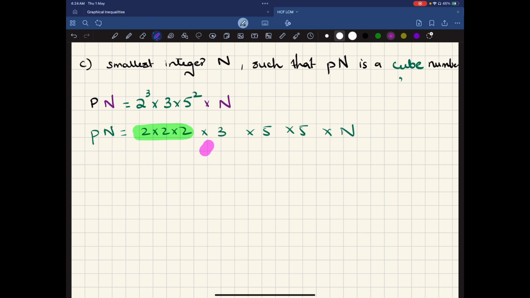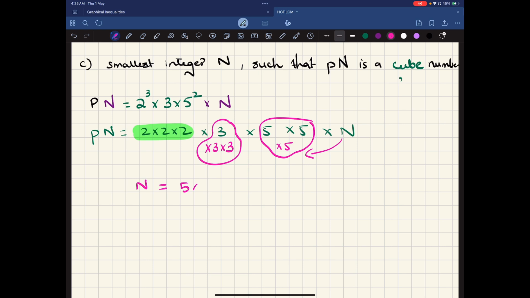We need 2 more 3s to make a group. And then we have 2 5s and we need 1 more 5 to make a group. Okay, so what is the value of n going to be? n is going to be 5 into 3 into 3, which is 45. 9 into 5 is 45.